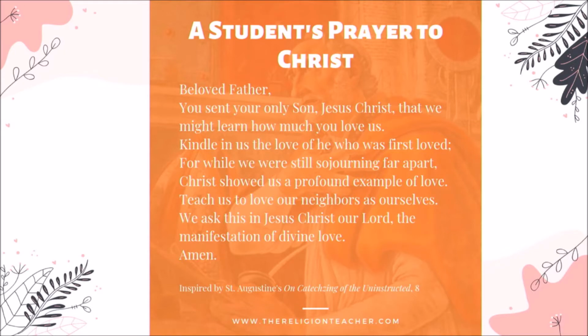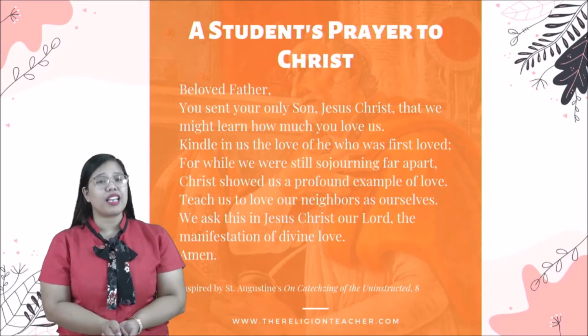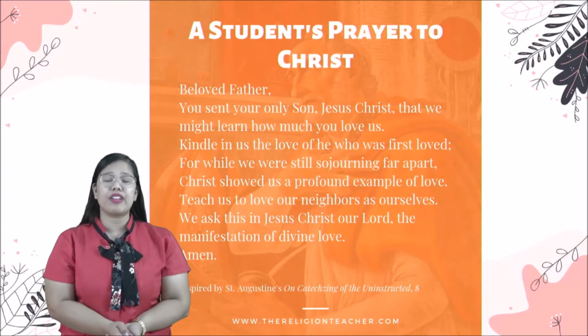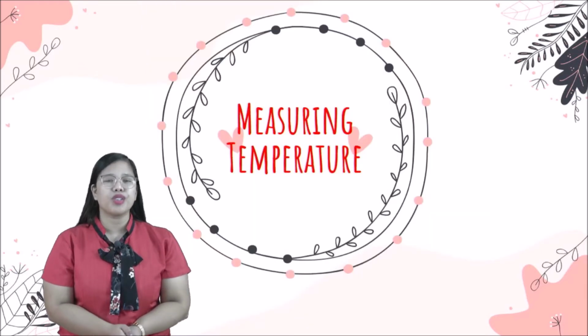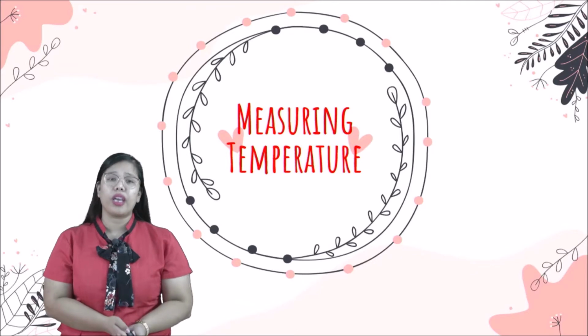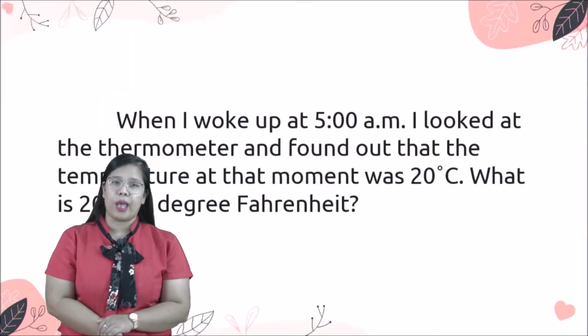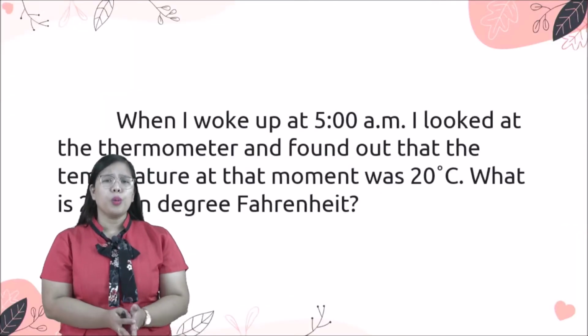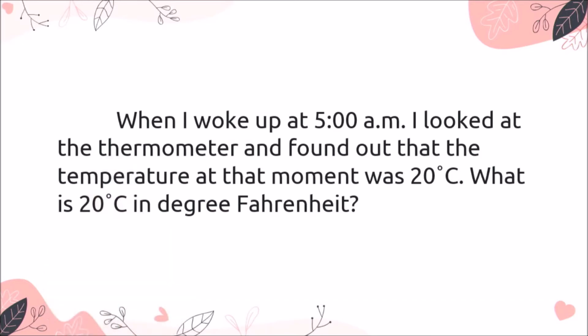Amen. So, let's start our lesson. Our lesson for this day, grade 5, is about measuring temperature. Before we proceed to the main topic, let's have a short problem. When I woke up at 5 a.m., I looked at the thermometer and found out the temperature at that moment was 20 degrees Celsius.